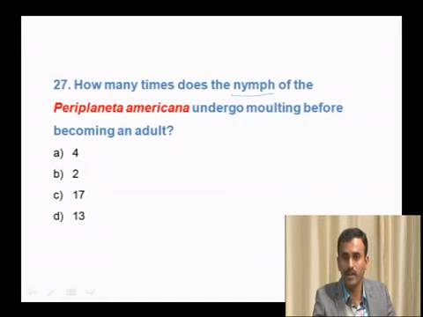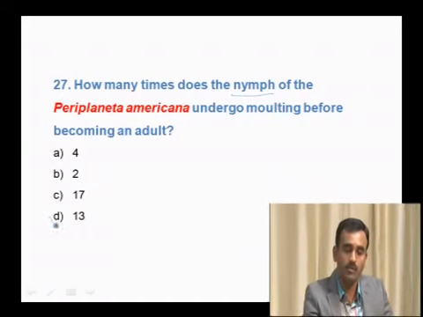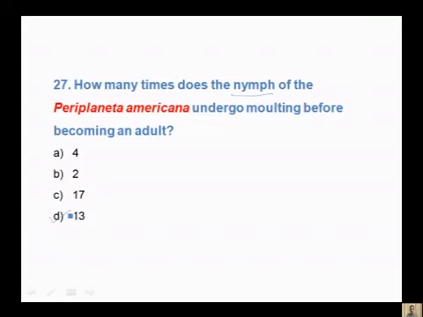Shedding of exoskeleton takes place about 13 times, for the development of a completely developed adult cockroach from the nymphal stage, from the egg to adult. Molting, or shedding of exoskeleton, takes place 13 times.